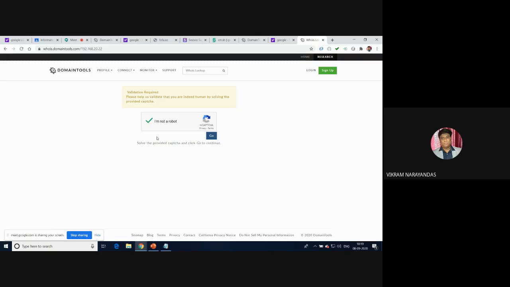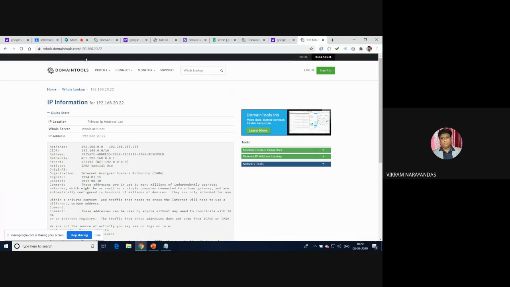An attempt to repeatedly guess passwords, commonly used for accounts, sometimes called a password attack, a brute force attack. So to avoid this type of brute force attack, we are getting these captchas here. Okay, got it. The site name is whois.domaintools.com.